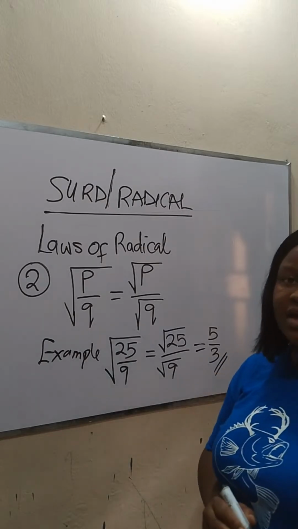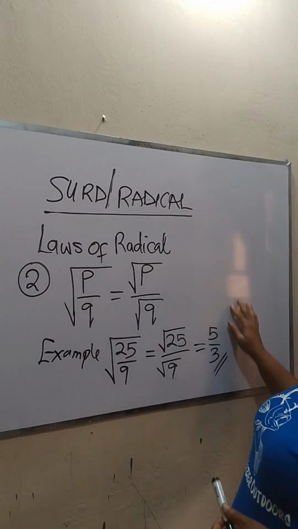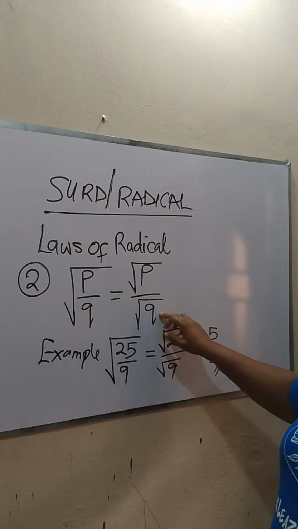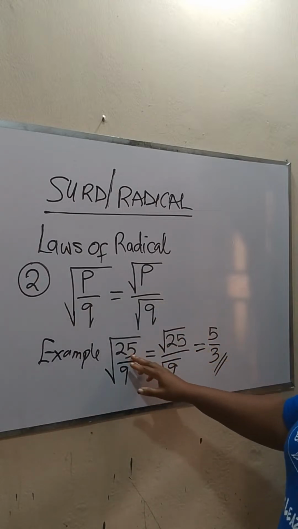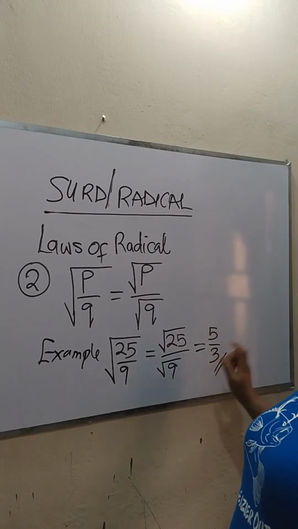When I'm checking to see whether you see what I'm doing, that's why I go back to check. So that is what the second law says. Whenever you have a number like this, you can separate them with individual roots, and then we get our answer.